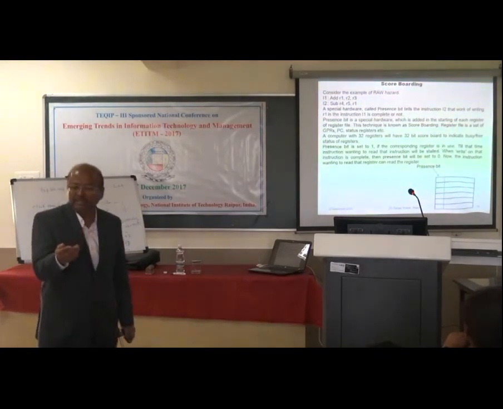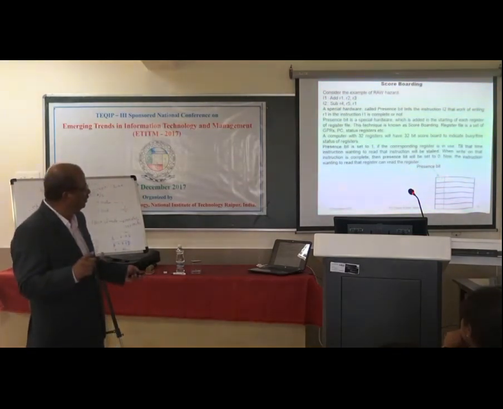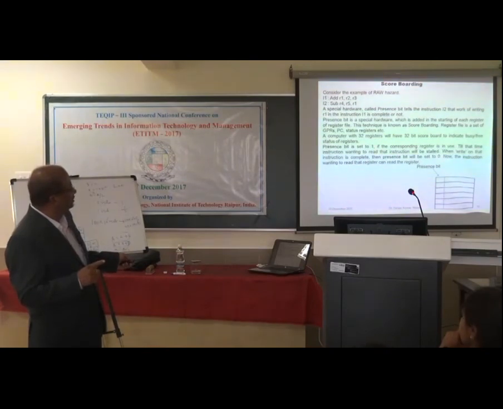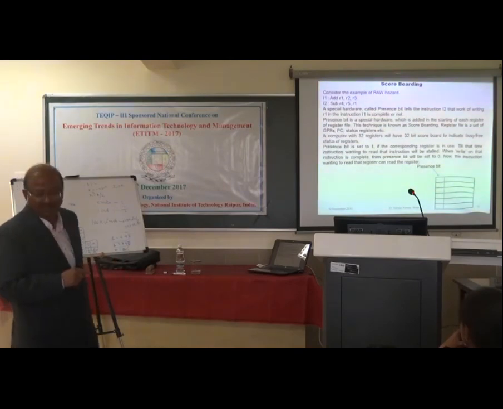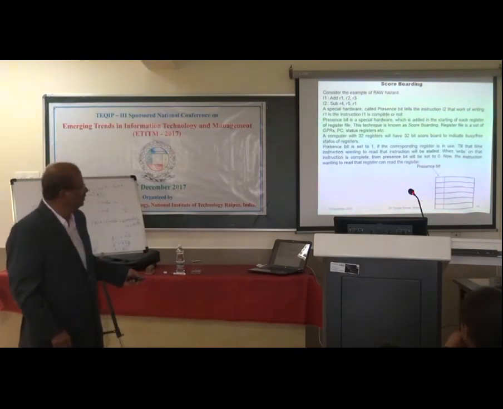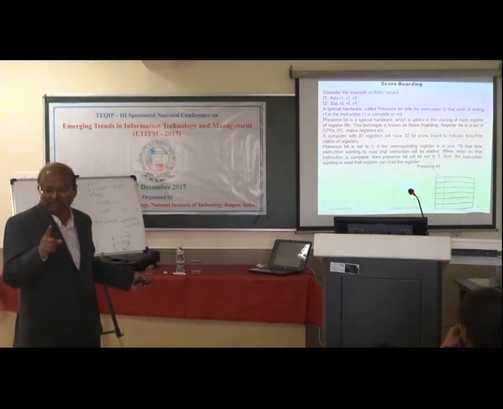If the register is being used, there will be a value of 1, and till that time the instruction wanting to read that register will be stalled. When the write by that instruction is complete, the presence bit will be set to 0, and now the instruction wanting to read that register can read it. Clear? Till the time it is not completely written, the presence bit will hold 1, and 1 means don't read at present.